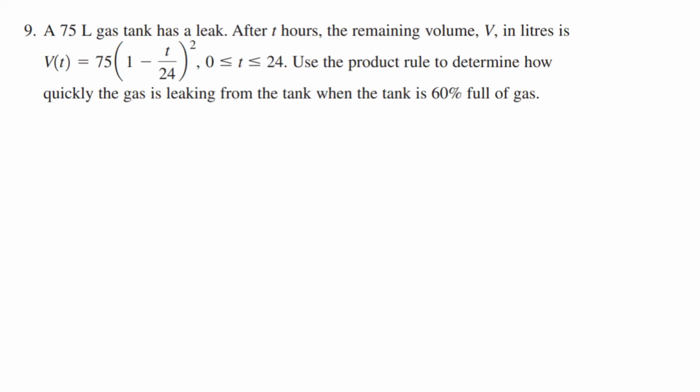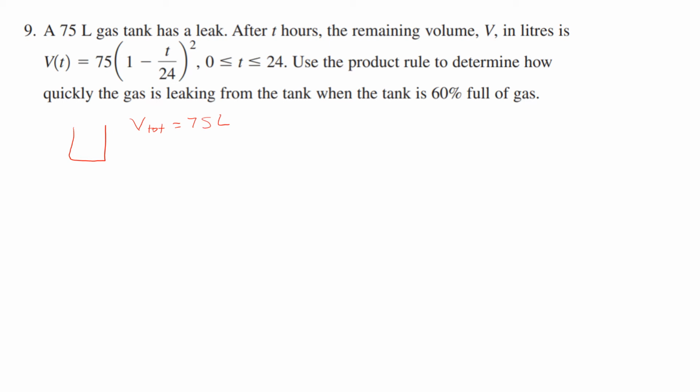A 75-liter gas tank has a leak. After t hours, the remaining volume V in liters is given by the function. Use the product rule to determine how quickly the gas is leaking from the tank when the tank is 60% full of gas. So to understand what it's saying, the situation is I have a tank whose total volume is 75 liters, right?